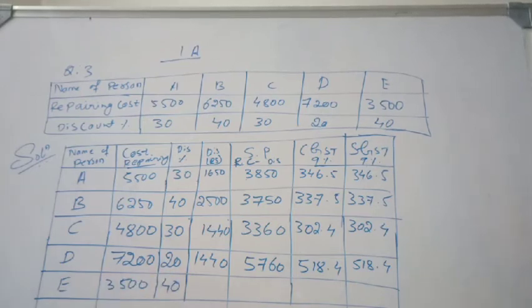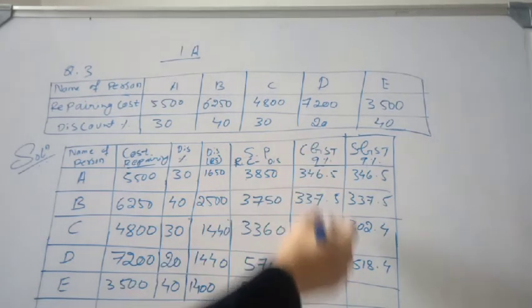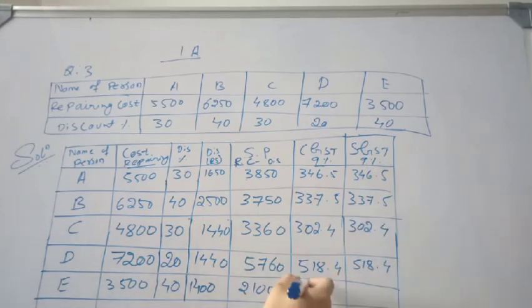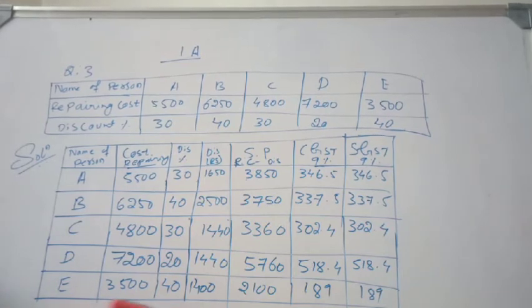So 3,500 into 40% is 1,400. So 3,500 minus 1,400, that is the selling price 2,100. On 2,100 we take 9% CGST and 9% SGST. So 2,100 into 9% is 189 rupees, and SGST also 189 rupees.